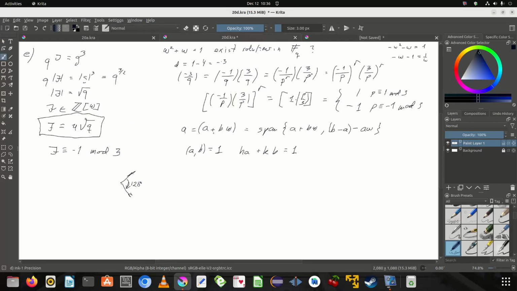Let's try that. So we can apply this to the generators as a whole. So it should be minus A here.